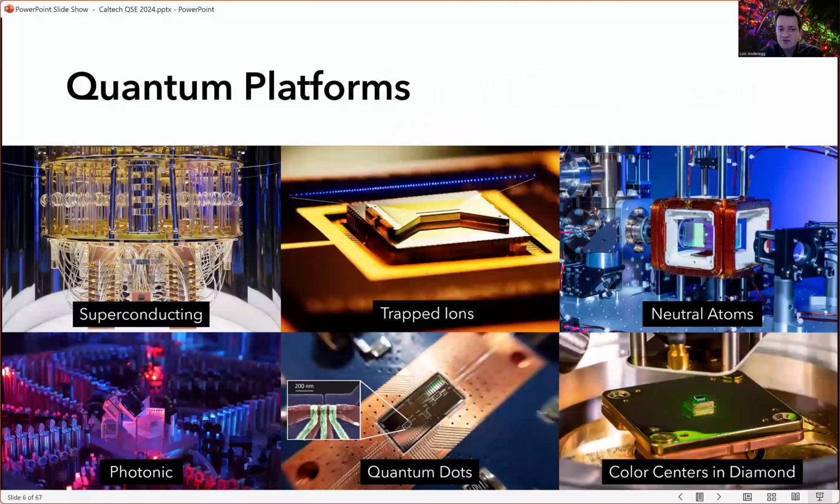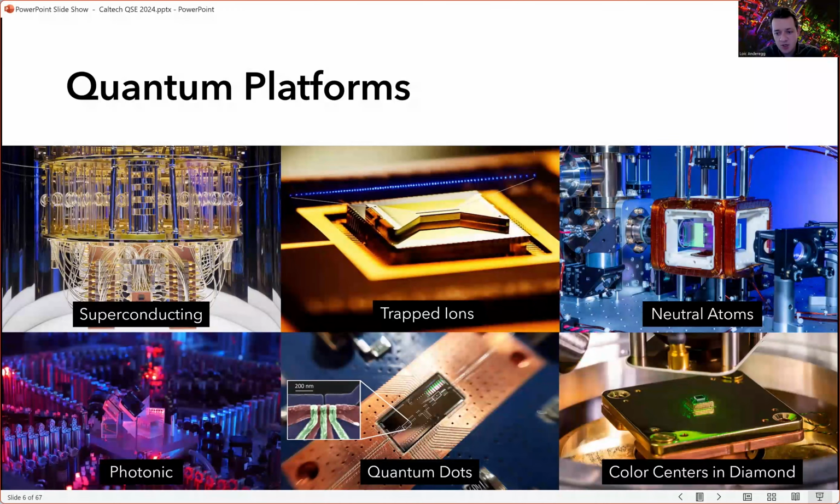Now, there's a wide range of platforms that have been introduced over the past several decades to tackle these problems. For example, superconducting circuits, trapped ions, photonic qubits, quantum dots, color centers, as you just heard, and also neutral atoms. And today I really want to focus on this neutral atom approach because it's very similar to what we're also working on.